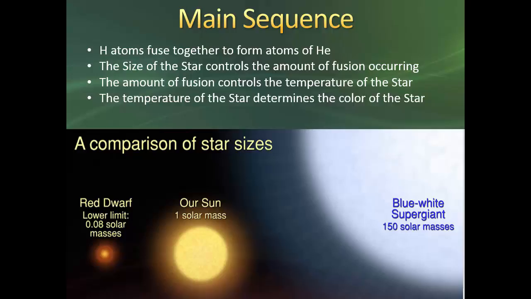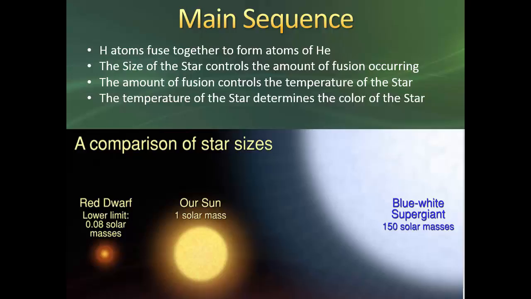The amount of fusion that is occurring in the star controls the actual temperature of the star. Because the red dwarf is smaller, it does not have as much fusion, therefore it's not going to be as hot. A blue-white supergiant has a lot of fusion occurring, therefore it's going to be a hotter type star.